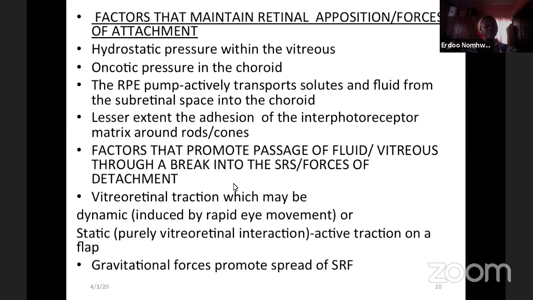Then you also have the retinal pigment epithelium pump, which actively transports solutes and fluid from the subretinal space into the choroid. That's also one major thing that prevents accumulation of fluids in the subretinal space. It tries to keep that space dry at all times.